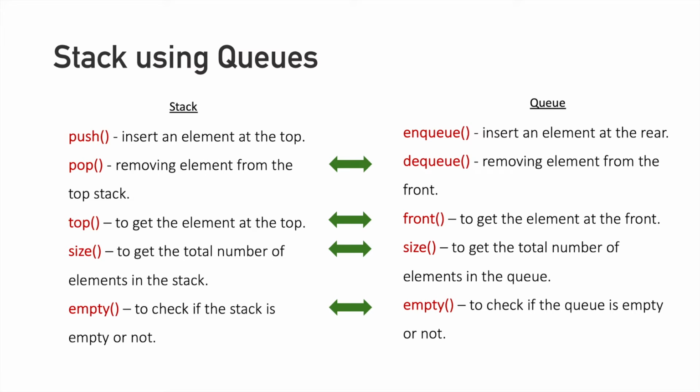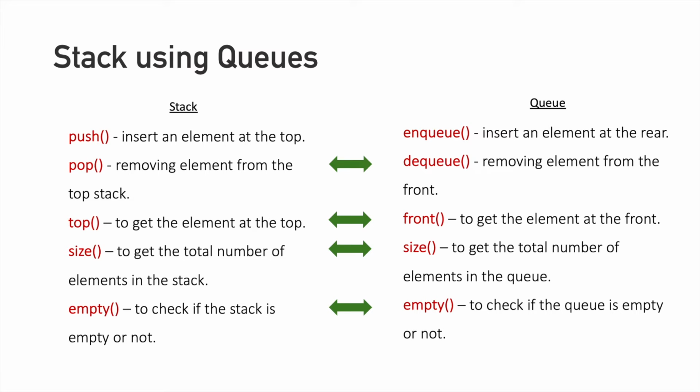Now finally, comparing the push method with the enqueue method, we see that the push method in the stack is to insert the element at the top of the stack, and the enqueue method in the queue is to insert the element at the rear of the queue. Therefore, they both perform different functionalities, and we are missing out on a push method in the queue through which we can insert the elements at the front of the queue.